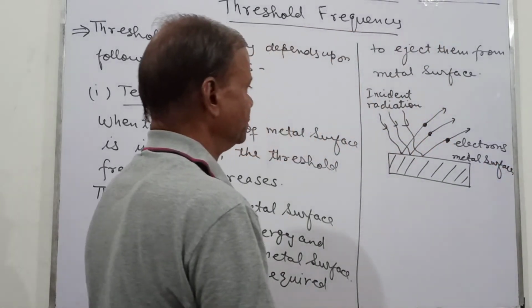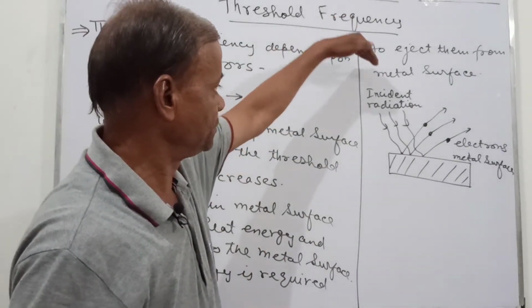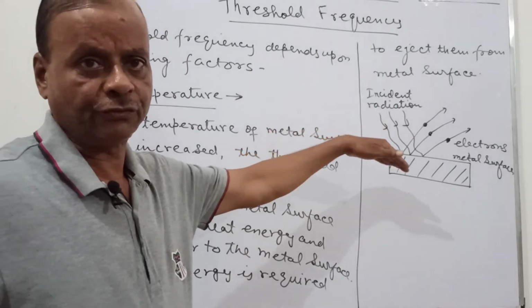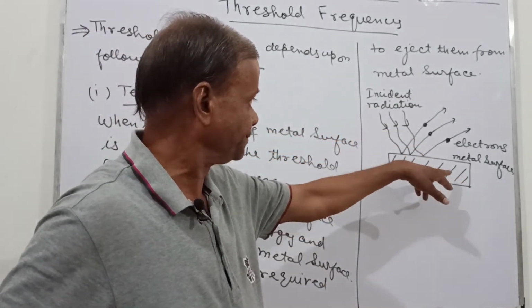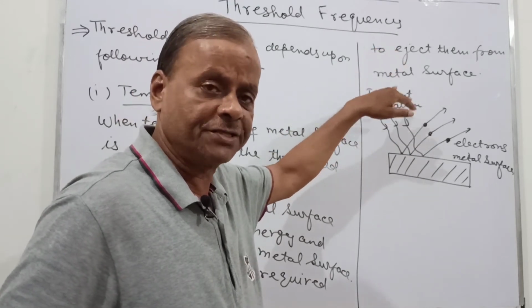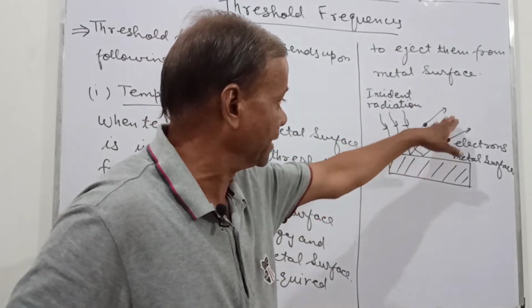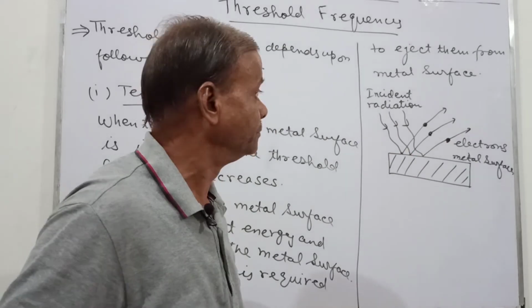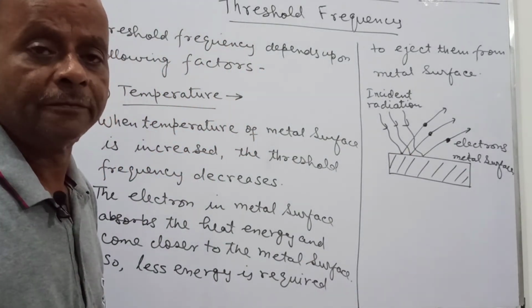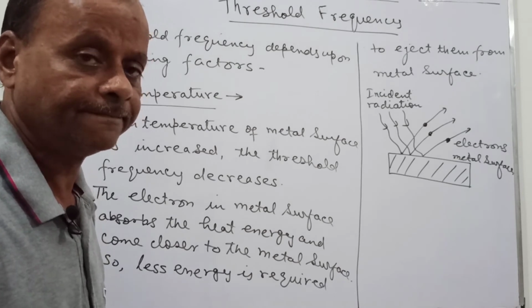So when the electrons are very close to the surface, then a beam of less energy is required to eject the electron from the surface. It means that the work function reduces.